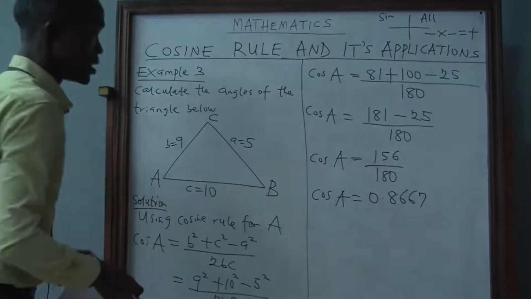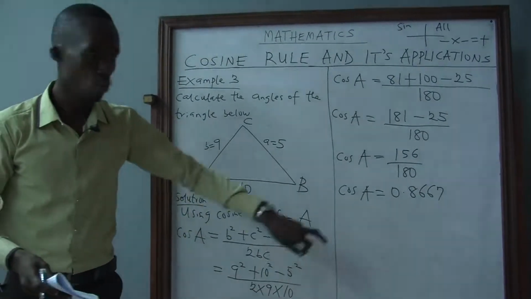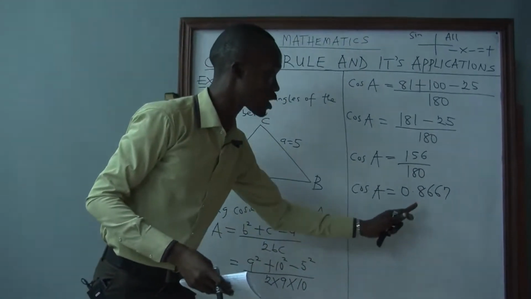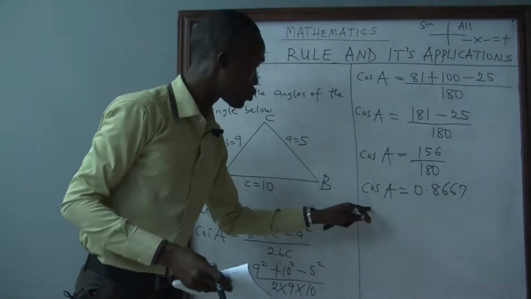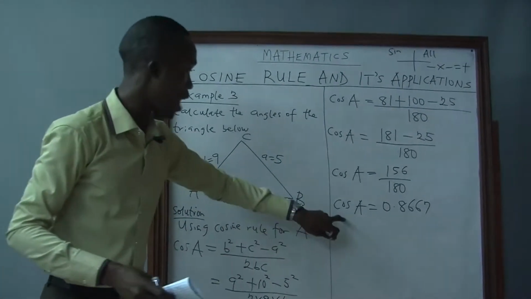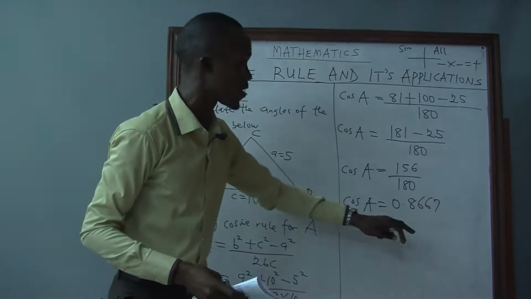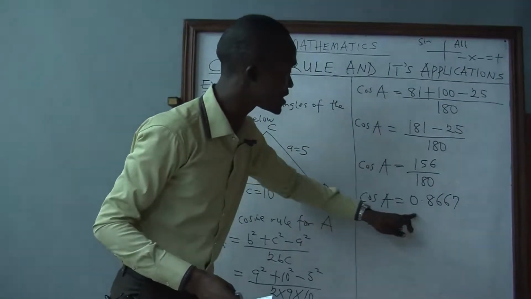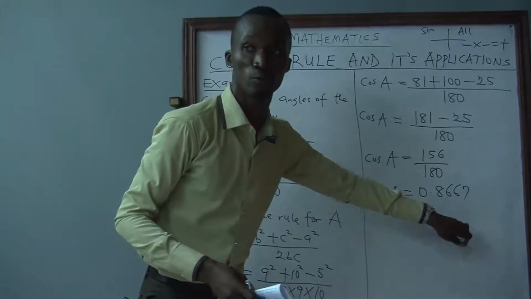0.8667. So when we get to this stage, what we need is angle A. But we have cos A to be 0.8667. And the next thing to do is to take arc cos of A. And we take arc cos by going to our 4-figure table to check for the nearest value to this 0.8667.